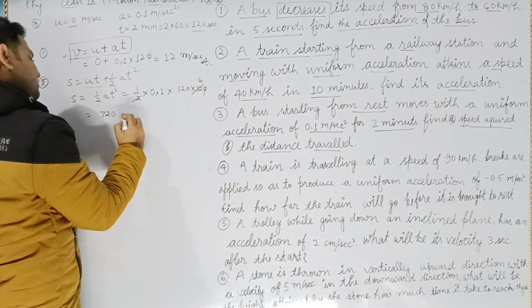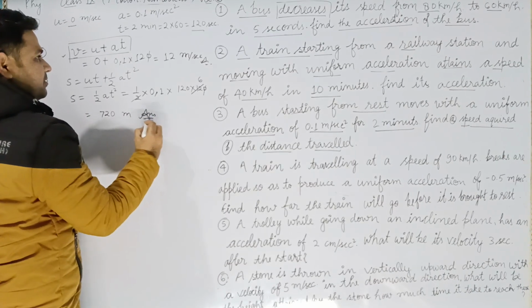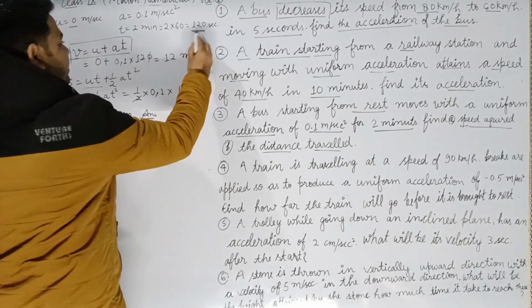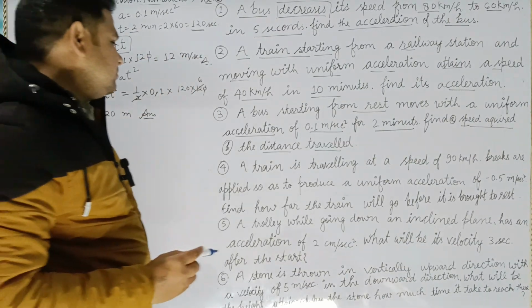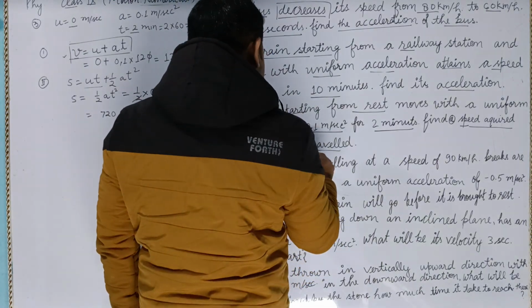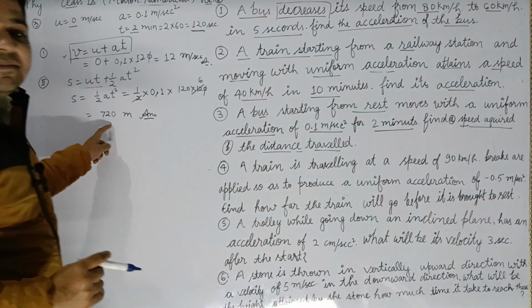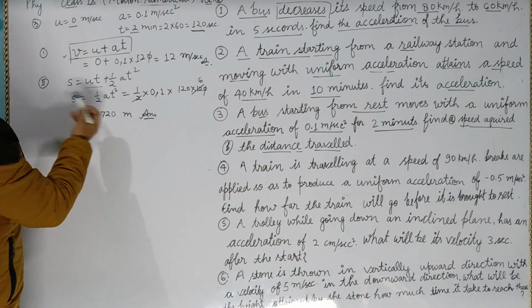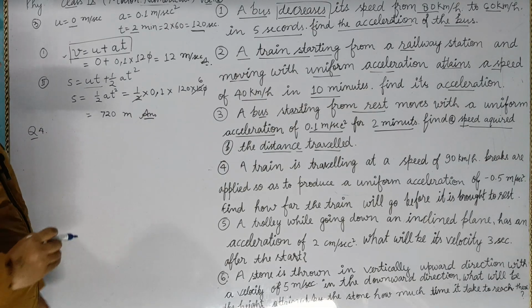This will be in meters. In 120 seconds or 2 minutes, the distance covered by the bus will be 720 meters. Simple. Next question is question number 4, so we have to solve.